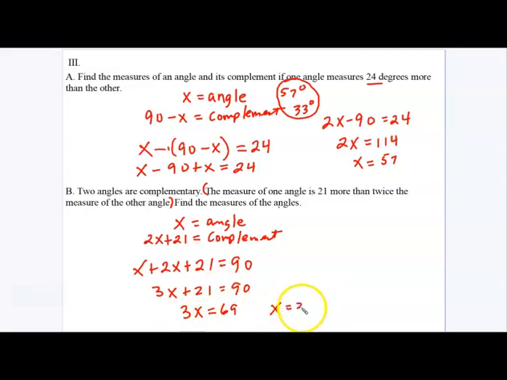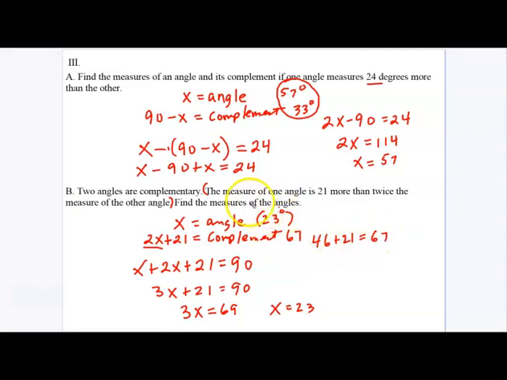X is equal to 23. So that's the angle in our problem. And so the complement will be found just by plugging x in here. So 2 times 23 is 46 plus 21, and that's 67.